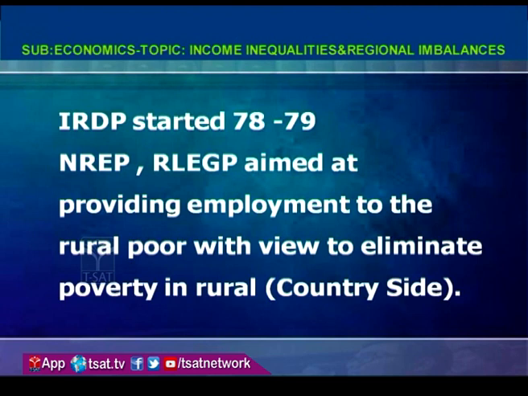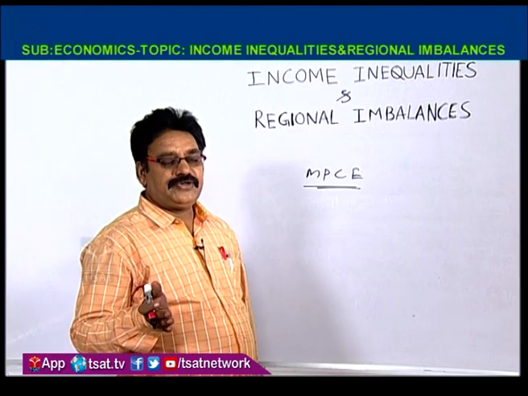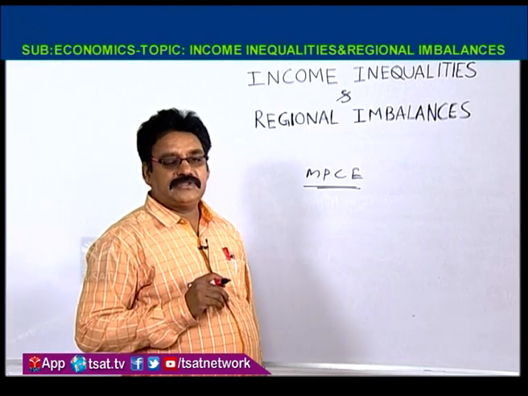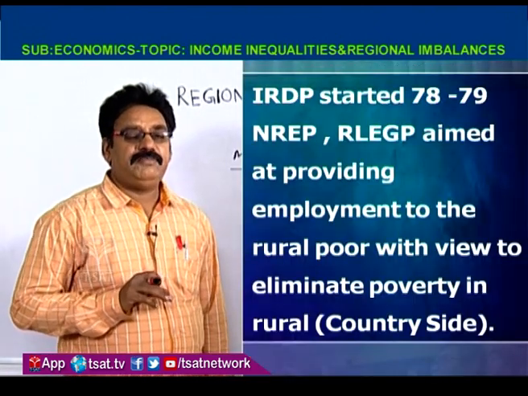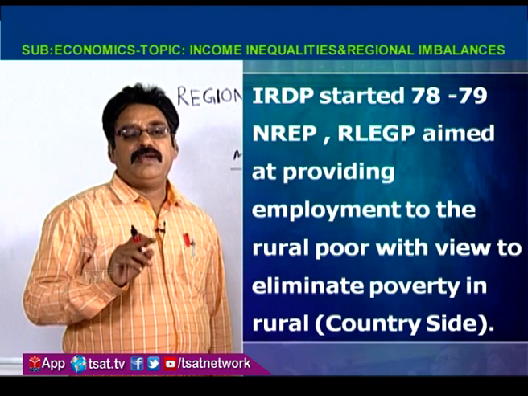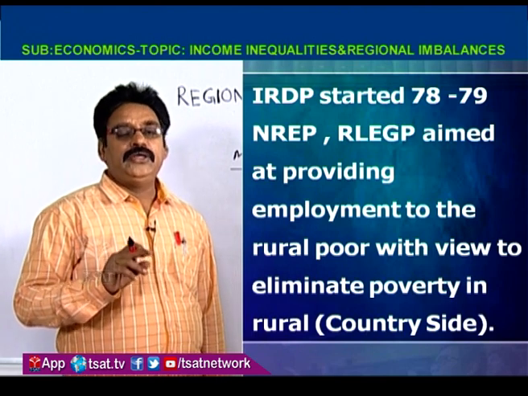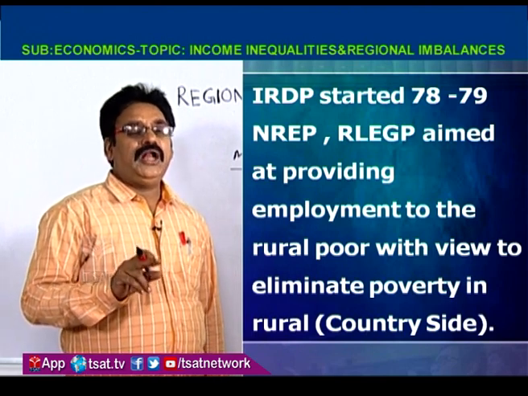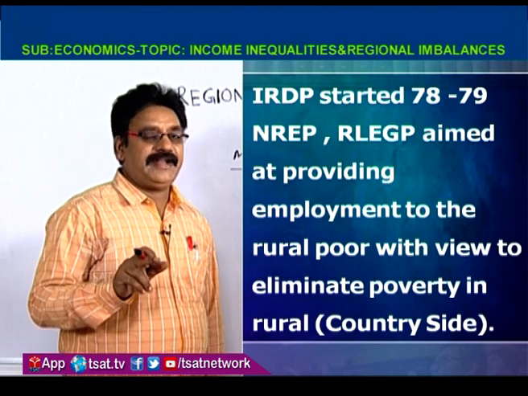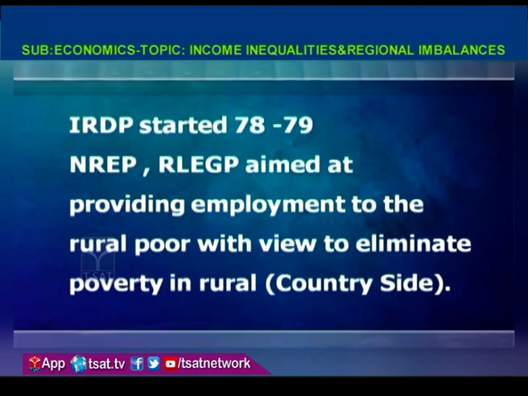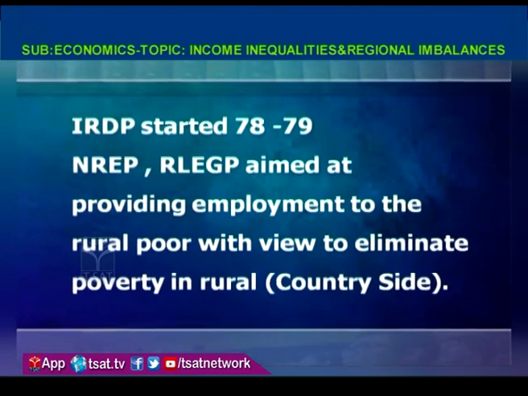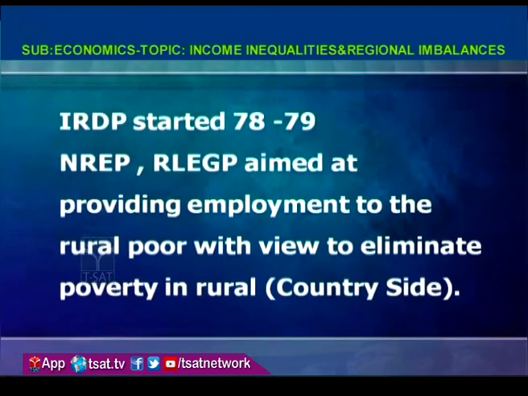This program was started in 78-79 initially. After that, it was extended throughout the country. NREP, RLEGP. NREP means National Rural Employment Program, and RLEGP, Rural Landless Employment Guarantee Program. These two programs aimed at providing employment to the rural poor with a view to eliminating poverty in rural areas.